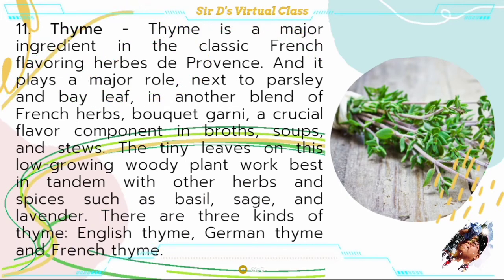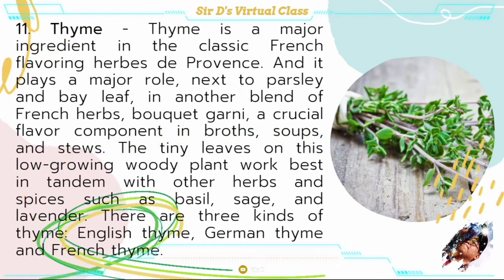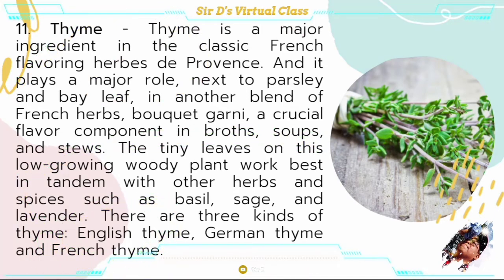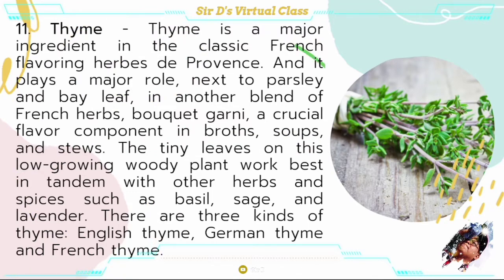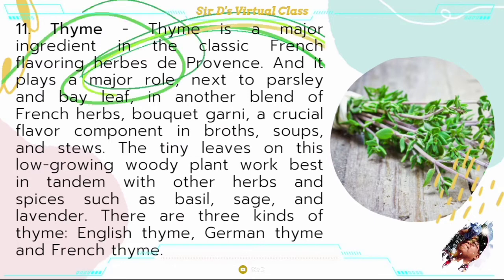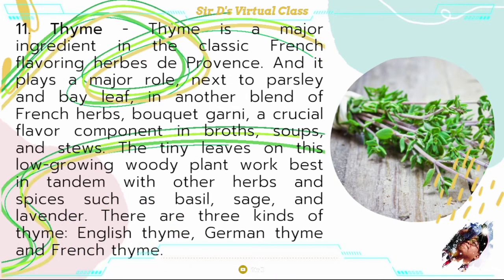Thyme, a crowd favorite herb, is a major ingredient in the classic French blend, and it plays a major role next to parsley and bay leaf in another blend of French herbs, bouquet garni, a crucial flavor component in broths, soups, and stews.